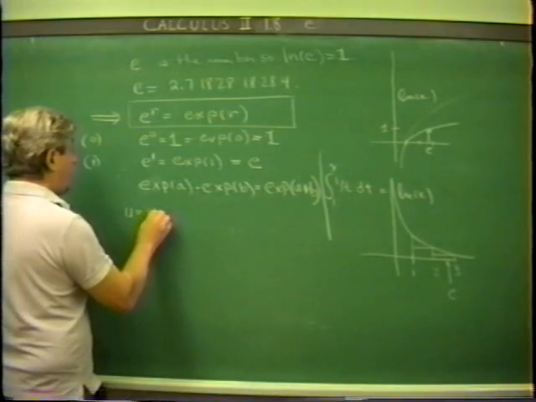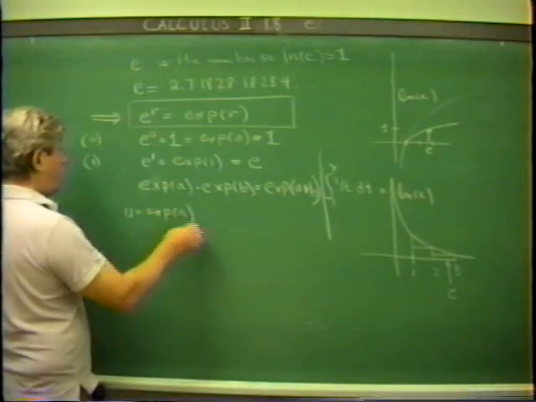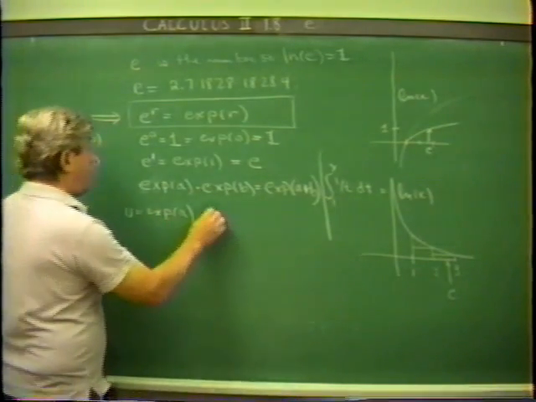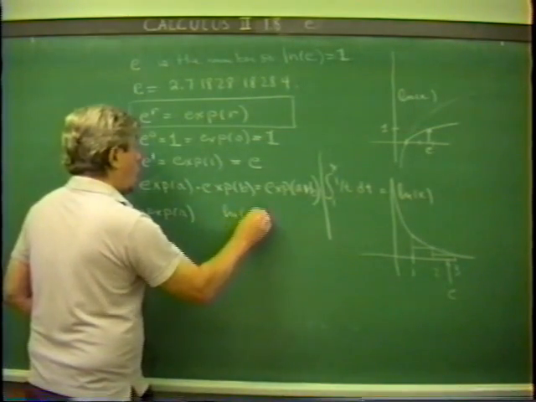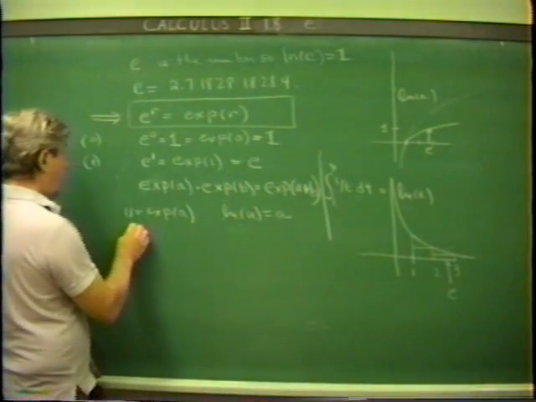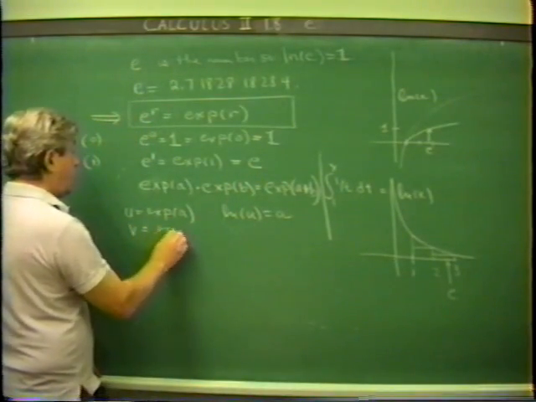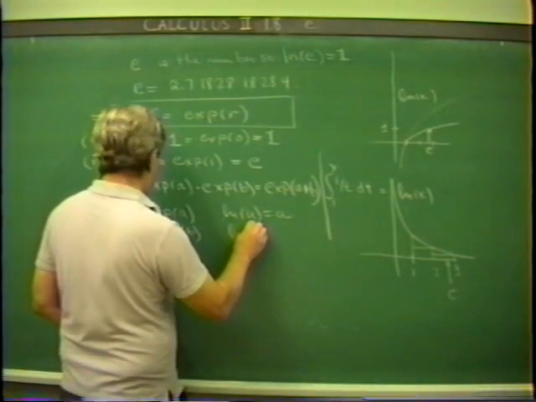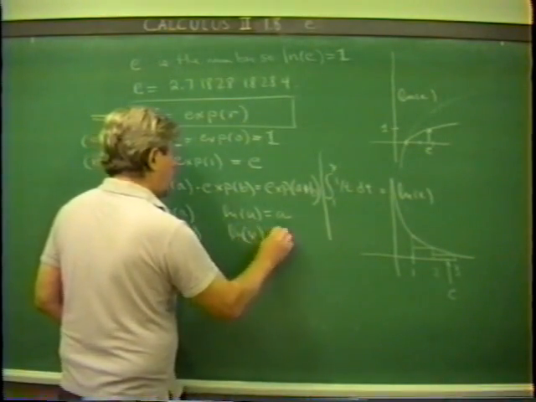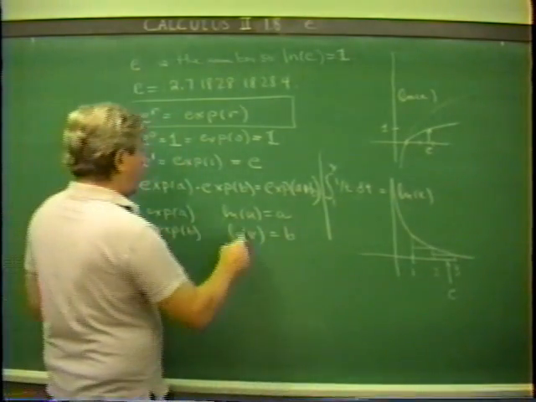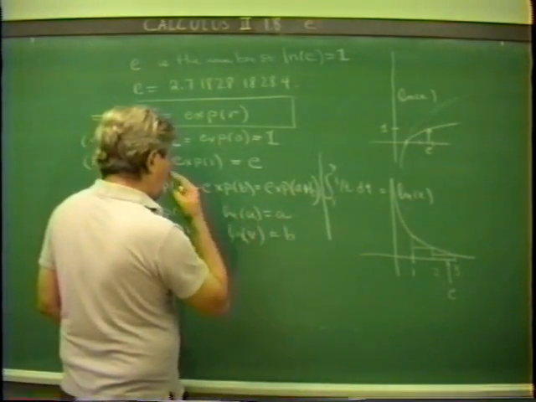Well, this follows from the fact that logarithms behave accordingly. If we let u be equal to exponent of a, then we have the logarithm of u is equal to a. And if we let v be equal to exponent of b, then we have the logarithm of v is equal to b.